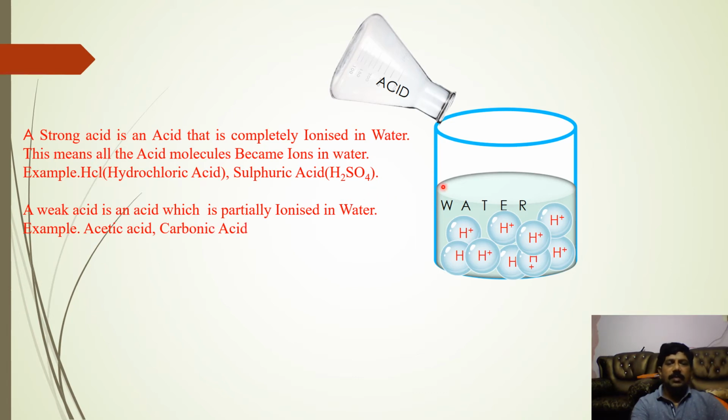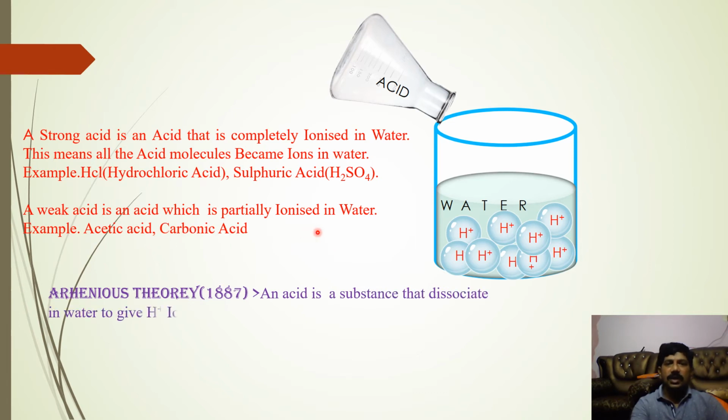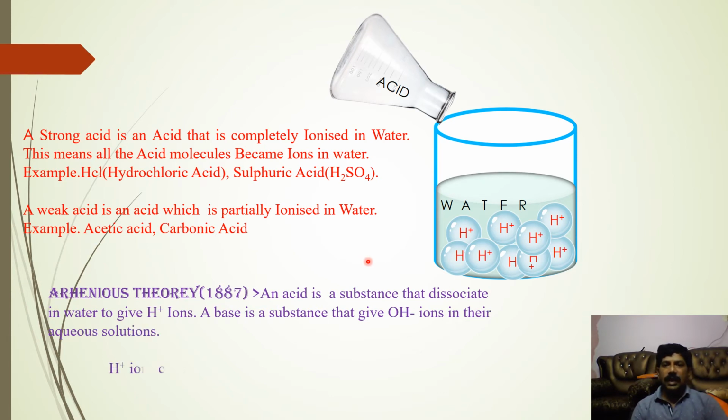At the same time, acids which are not 100% ionized, which are partially ionized, are known as weak acids. A weak acid is an acid which is partially ionized in water. Examples: acetic acid, carbonic acid. It means a part of the acid molecules are ionized in their aqueous solutions.